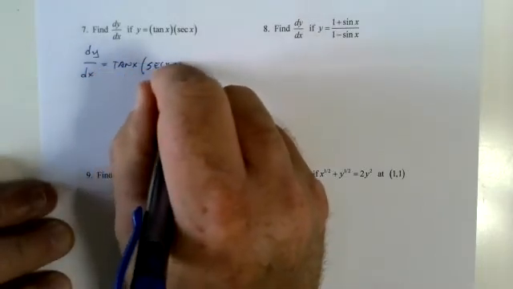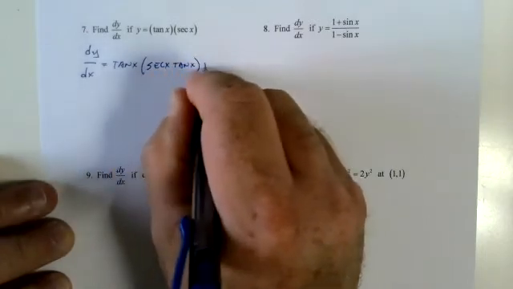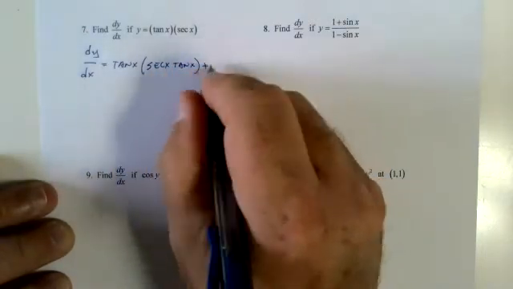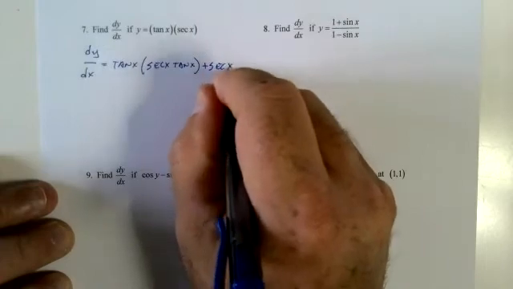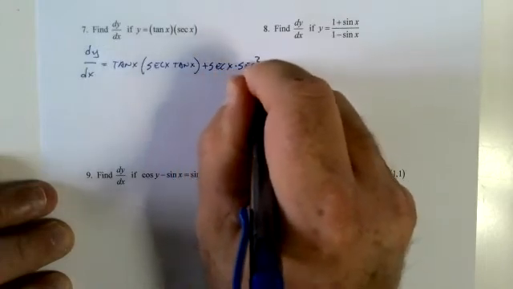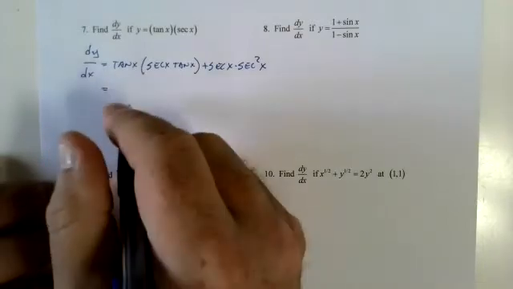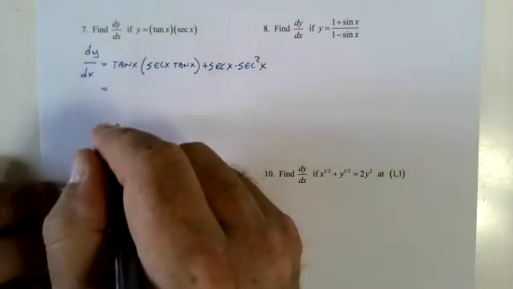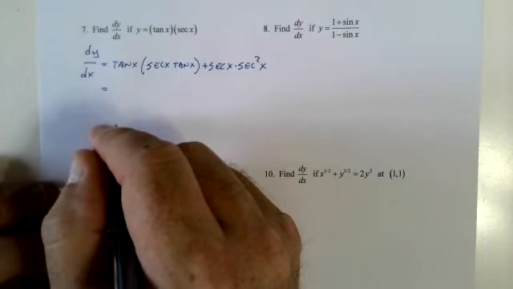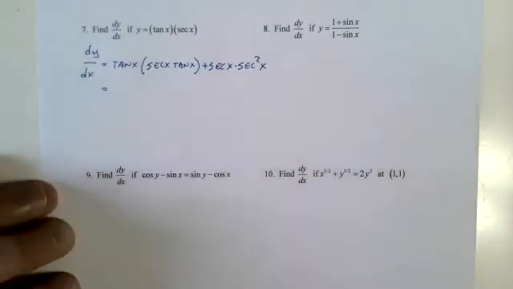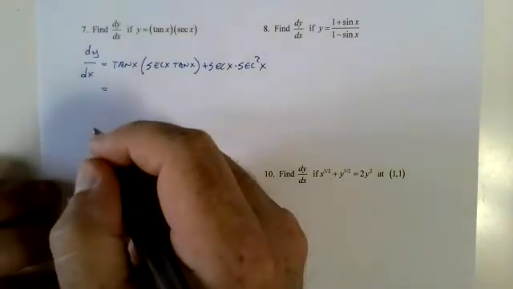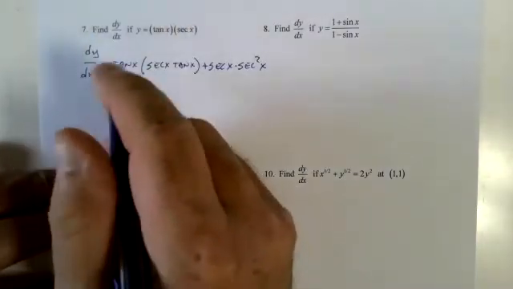Secant x tangent x plus, leave it. We could factor. We could do some mess in here. Let's factor out. No, let's not factor out. Let's change things up. So this is done.